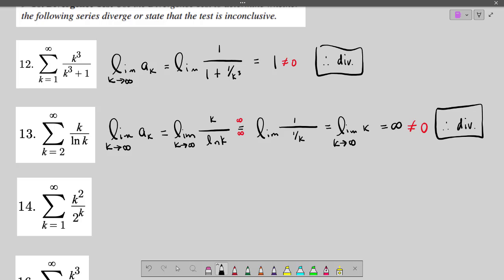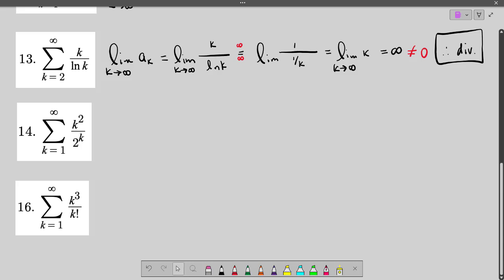But we think about, so y equals x looks like that, y equals k. Y equals natural log of x or natural log of k. Right? That's going to infinity, but much slower. So we sort of think about the pacing here. That one, exponential in the denominator, goes to infinity faster than any polynomial. So our suspicion right here is that the limit should be 0 and that this might converge.